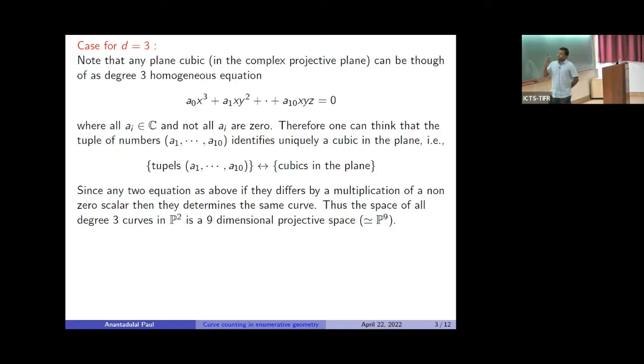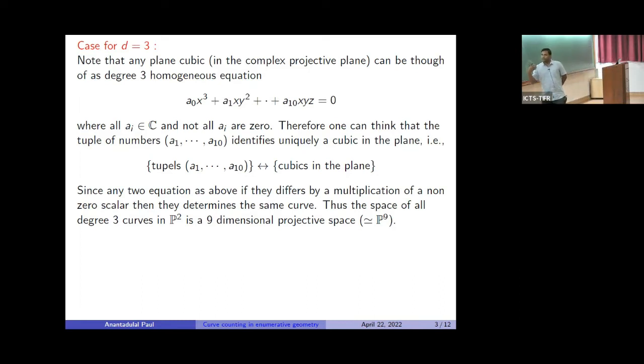So essentially, this tuple a_i will give you one cubic in the plane. If you want to parameterize all the cubics in CP2, you take the tuple a_1 to a_10 modulo C star. That's basically P9. So a generic cubic inside CP2 will correspond to a point inside CP9.